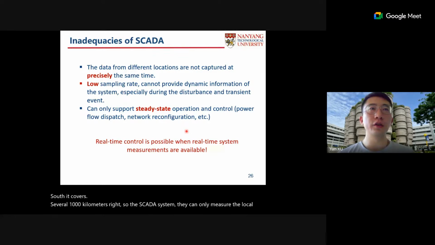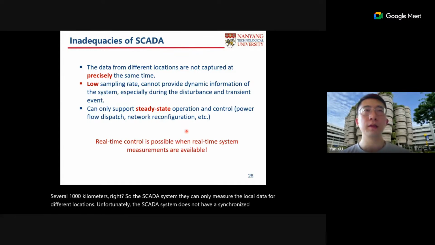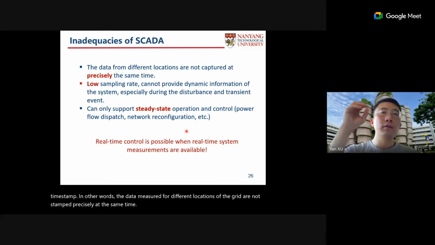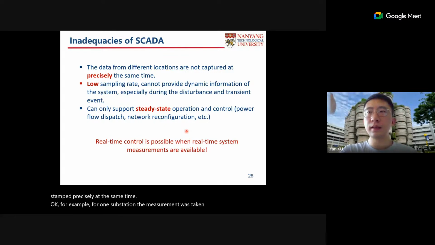For different locations, unfortunately, the SCADA system does not have a synchronized timestamp. In other words, the data measured at different locations of the grid are not stamped precisely at the same time. For example, for substation A, the measurement was taken at, let's say, 10:30:00.